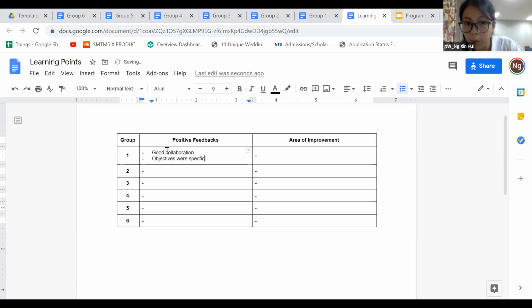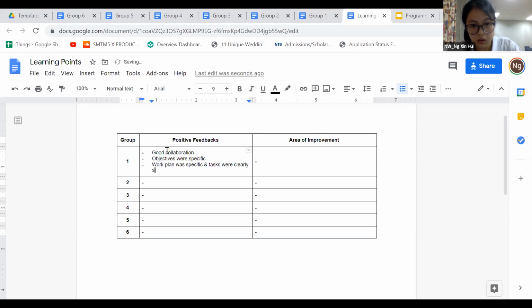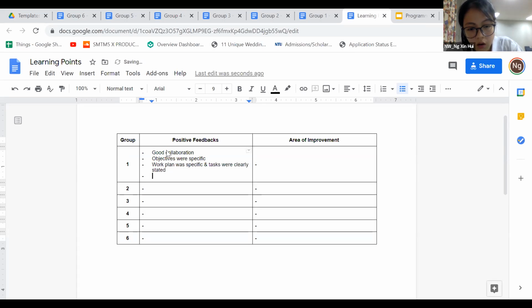So your work plan was specific. Yes. Anything else? And in the risk and hazard assessment, we were able to list very specific conditions that you had to look out for.